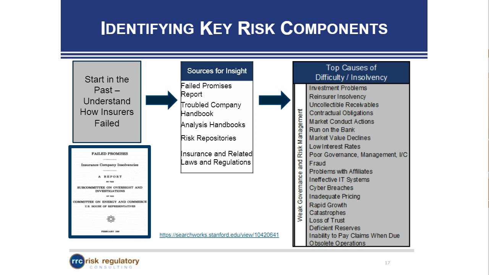And regardless of the root causes of a particular insurance insolvency, for example, if the reinsurer turned out to be a bad credit risk, a lot of those could be avoided or mitigated if the companies had strong corporate governance and effective risk management that would go out and identify the potential risks that a company faced and take steps to try to mitigate that risk or somehow compensate for it.